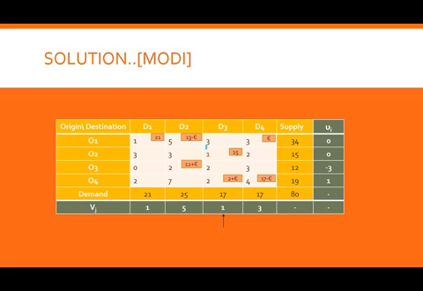Now compute the eij values. So 3 minus 0 is 3. 3 minus 1 is 2. Here 3 minus 0 minus 1 is a 2. Here I get 3 minus 0 minus 5 is a minus 2. 2 minus 0 minus 3 is a minus 1. 0 plus 3 minus 1 is a 2. 2 plus 3, 5. 5 minus 1 is 4.